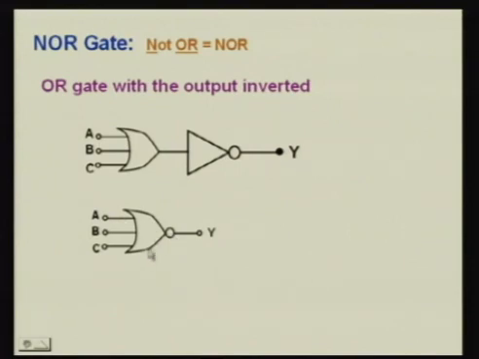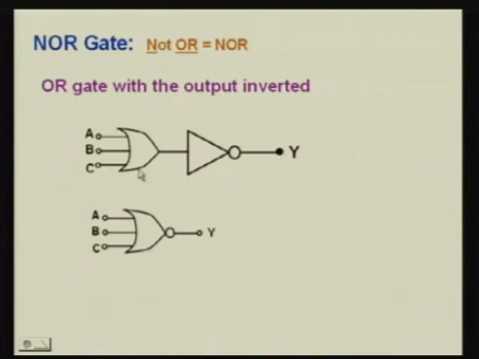So we have an OR gate, and the output of the OR gate is going through this bubbled structure, so the output will be inverted. If we put this bubbled structure here, this circle after C, this means that C will be inverted at the input of the OR gate.